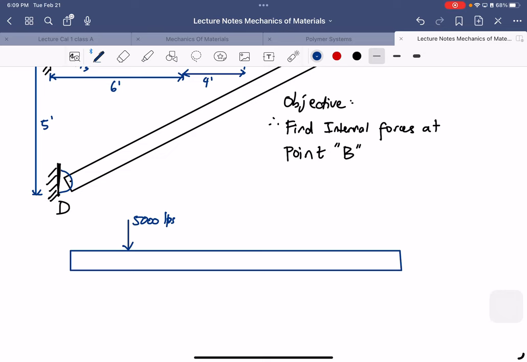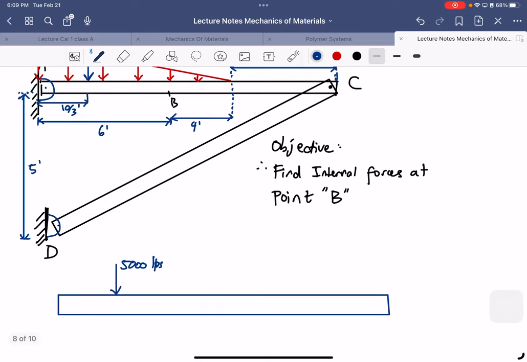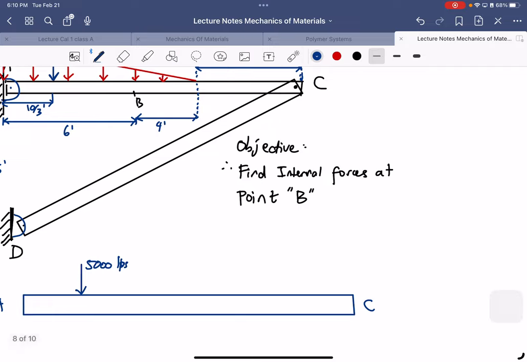And then we have our beam DC, which we can treat as just an outside force in our FBD. So this is AC.